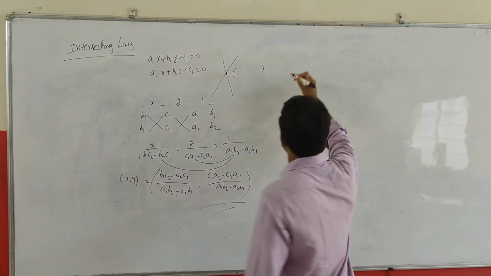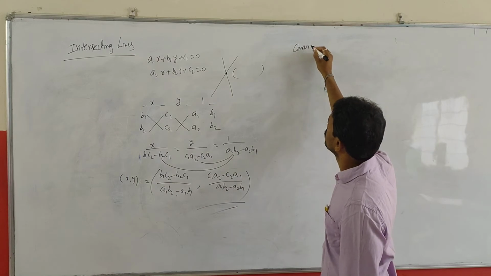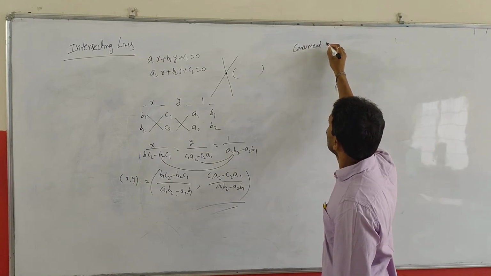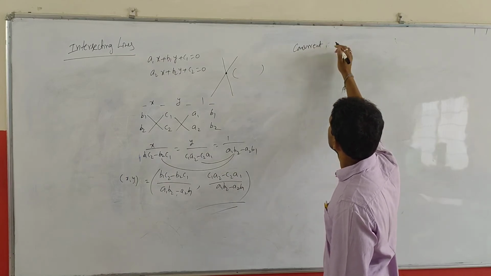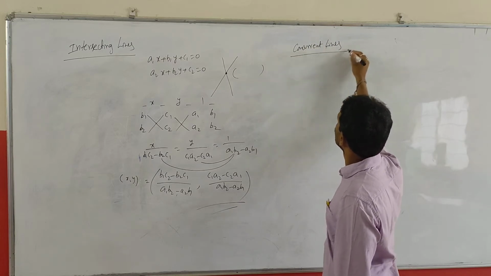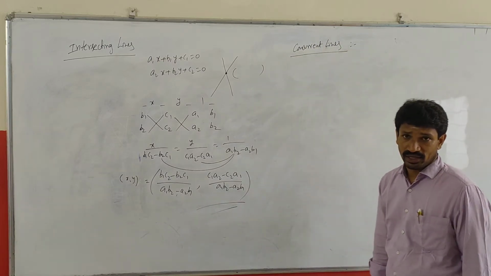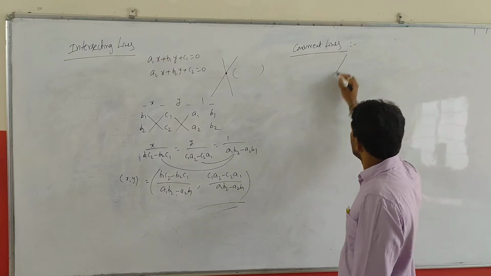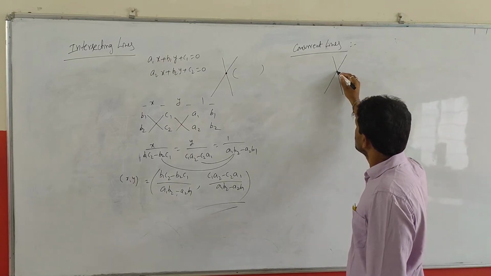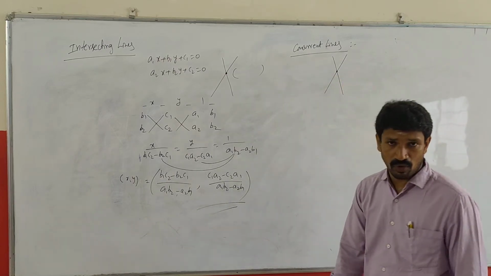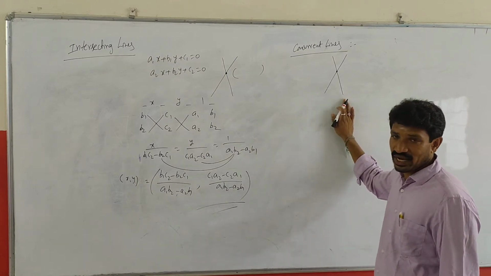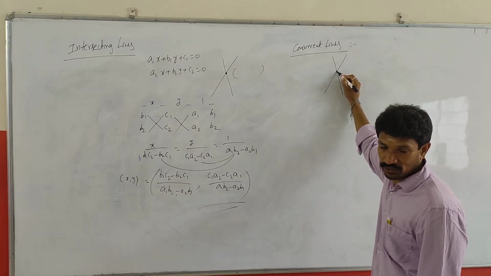Next, concurrent lines. This is very, very important. If two lines pass through a fixed point, then these two lines are intersecting lines, and this is called the point of intersection.